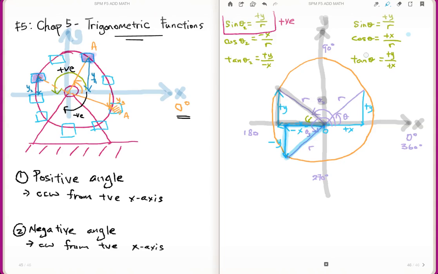So if you are in the third quadrant, its sine value, sine theta 3, is based on this smaller angle.